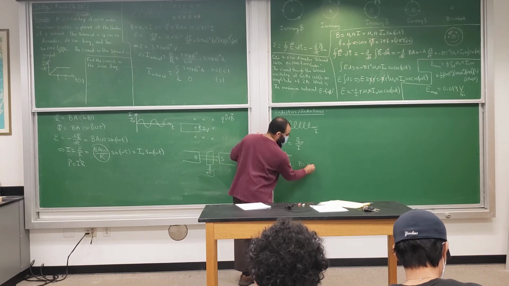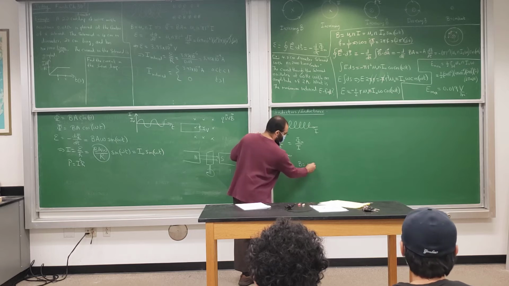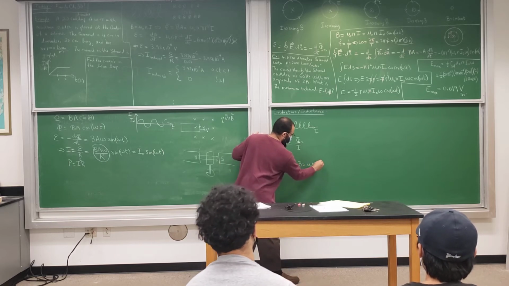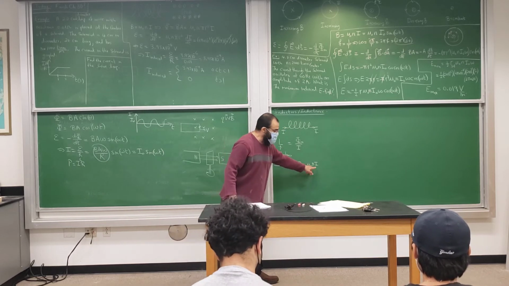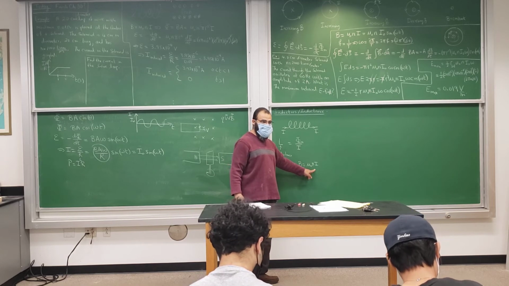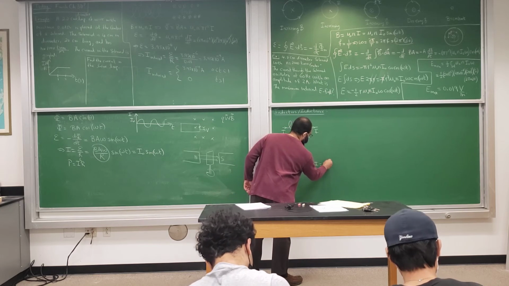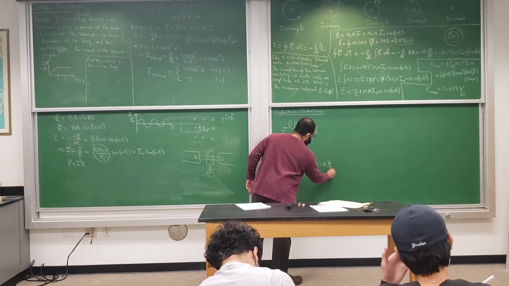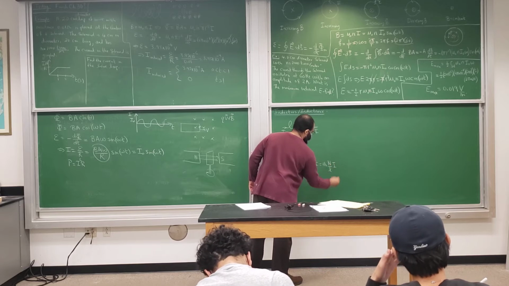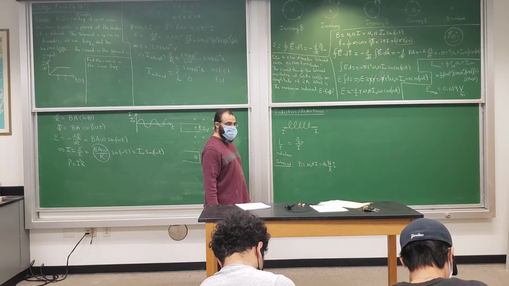Mu naught times n times I. Good. And little n is the number of loops per length, right? Number of loops per the length of the solenoid. So it will be mu naught, number of loops of the solenoid, divided by L, times I. That's the magnetic field inside the solenoid.